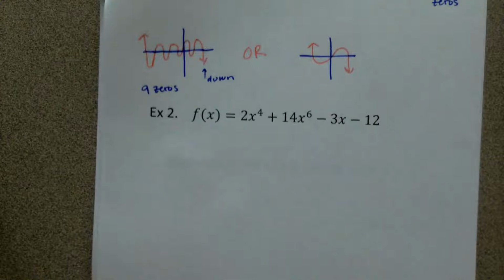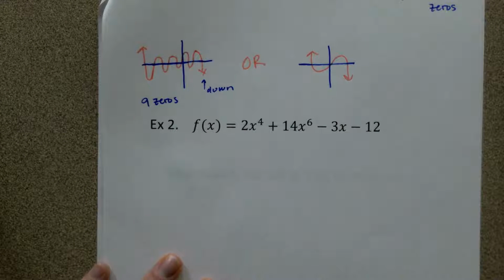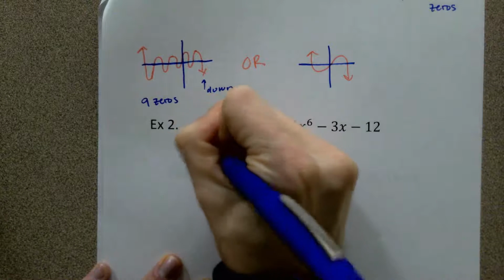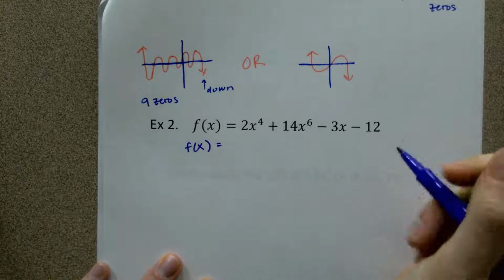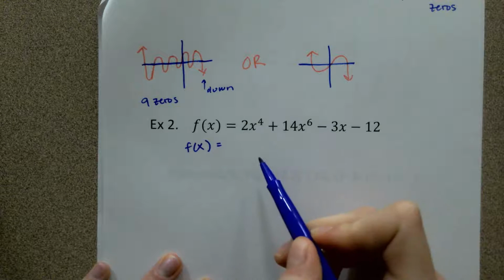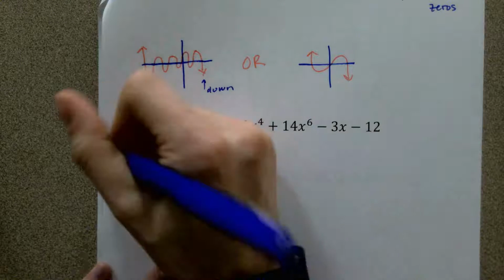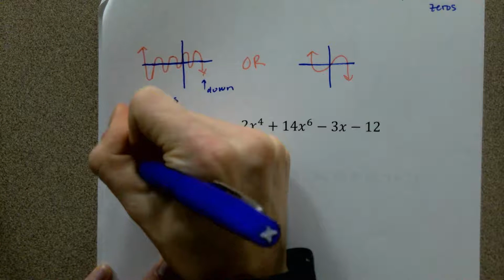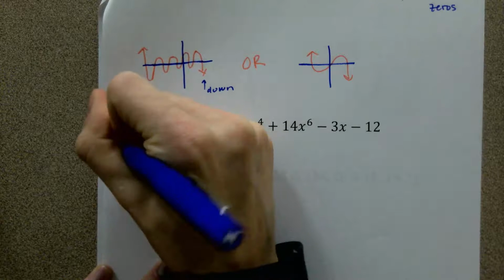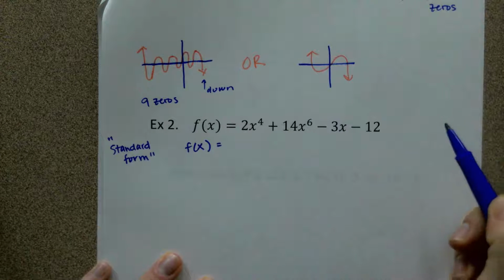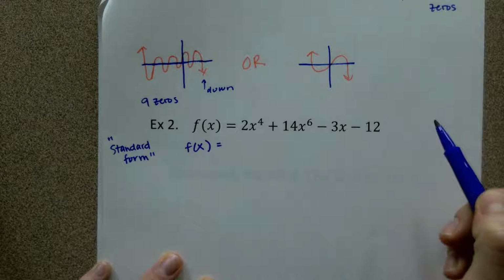Okay, looking at an example like this. The first thing that we have to do with an example like this is rewrite it with my highest degree coming first. That is standard form. In your book, or on your worksheet that you have today, it's going to say rewrite in standard form.